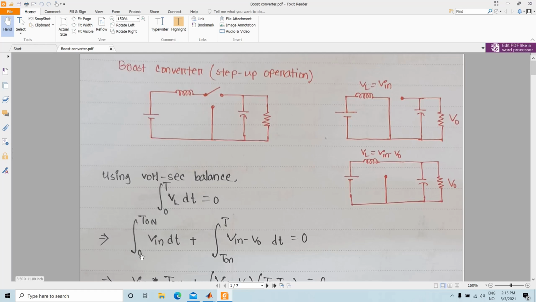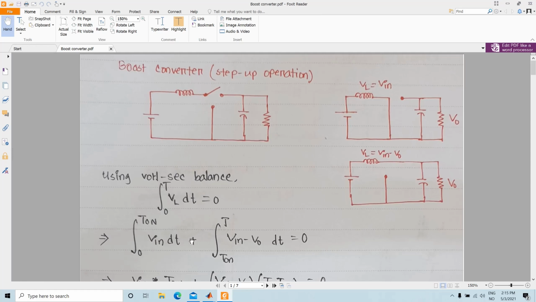In one stage, from 0 to t on, this is step number 1, our inductor voltage is basically V in. At that time the inductor is charging up, or the energy is being stored in the inductor during this phase. So our integration limit is from 0 to t on.